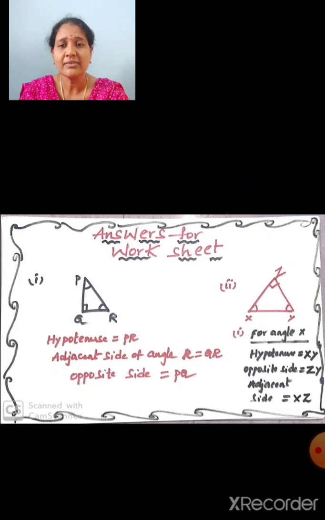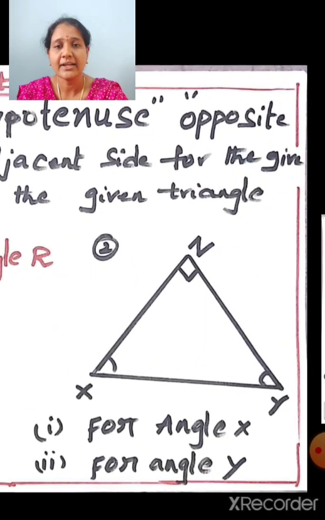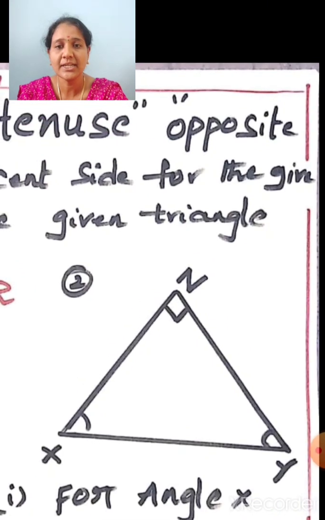Coming to the second triangle, children. Observe properly. I have zoomed it. Where is the right angle, children? At Z. So the opposite side to Z is XY. When we take angle X, which is the opposite side? YZ.